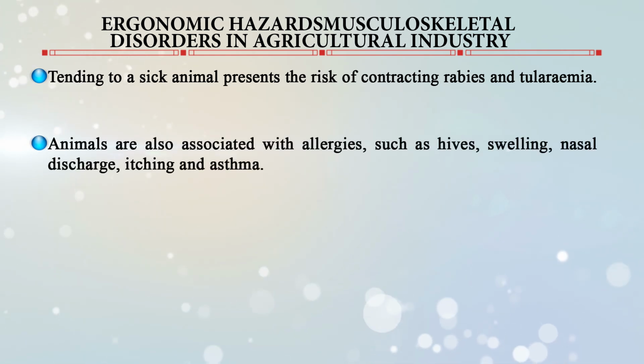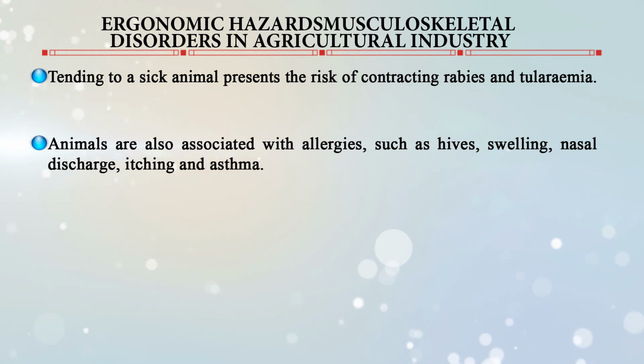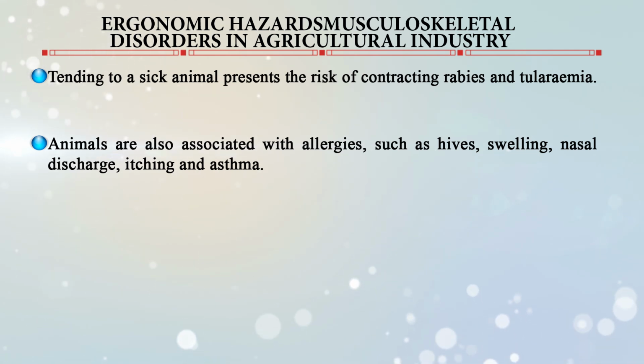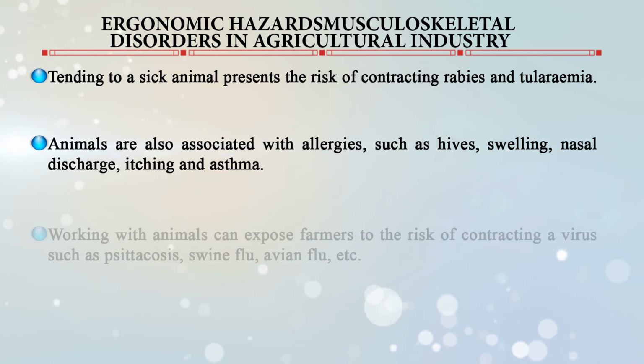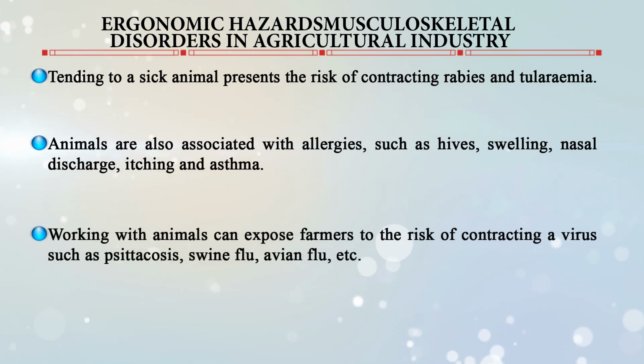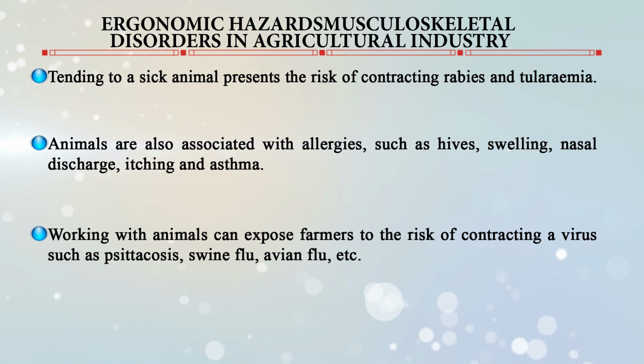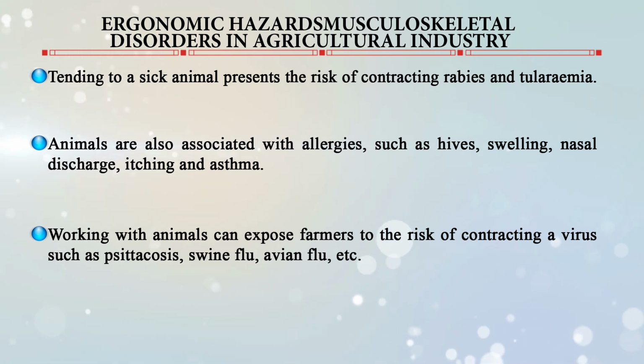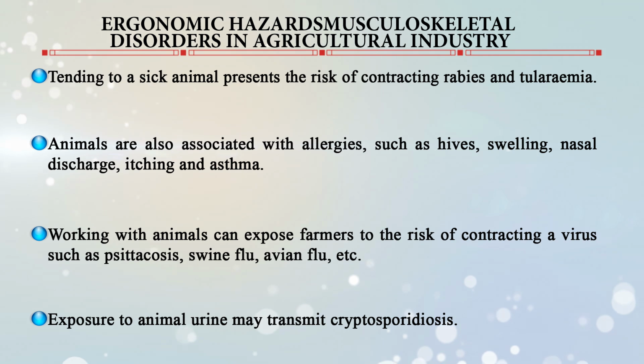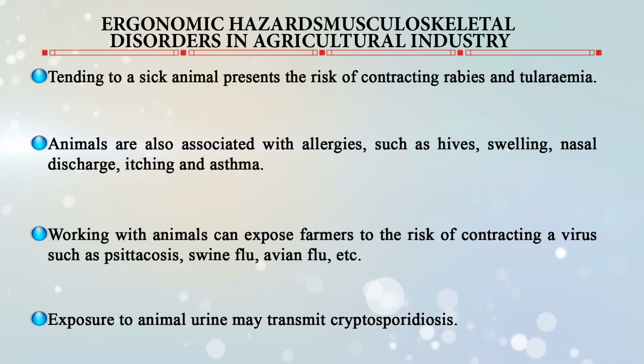So animals are associated with allergies such as hives, swelling, nasal discharge, itching and also asthma. Working with these animals can expose the farmers to the risk of contracting flu virus, for example psittacosis, swine flu, avian flu and so on. So exposure to even animal urine can also transmit the cryptosporidiosis. So these are certain other biological hazards that are faced by the farmers and the farm workers in the agricultural and the allied sectors.